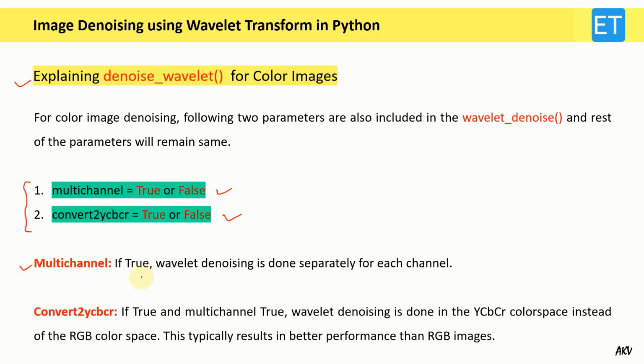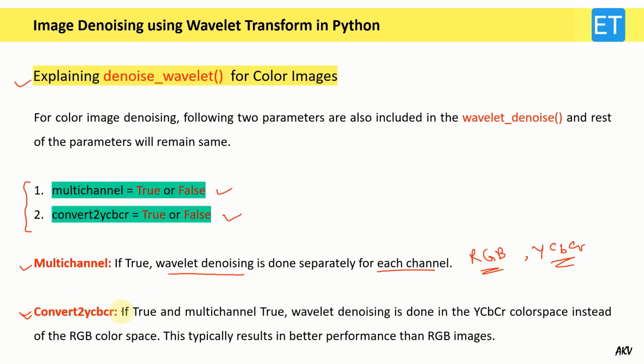So what is multichannel? If it is true, the wavelet denoising is done separately for each channel, because color images have 3 channels, RGB or YCbCr. So for each channel the denoising will be done separately.